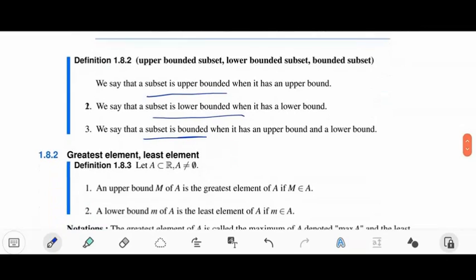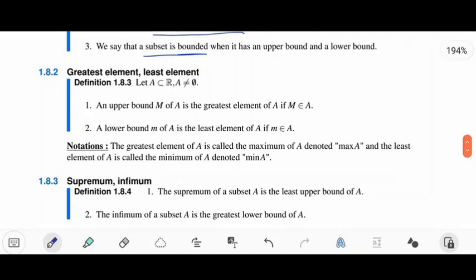Now, back to the issue I was discussing. We will call a greatest element and a least element the elements that are in the set but are greater or lower than all the other elements. So if I take again the case I was discussing, 1 over n, for n belonging to Z, then 1 is the greatest element of this set, but 0 is not the least element of this set, because 0 is not an element of the set, but 1 is an element of the set.